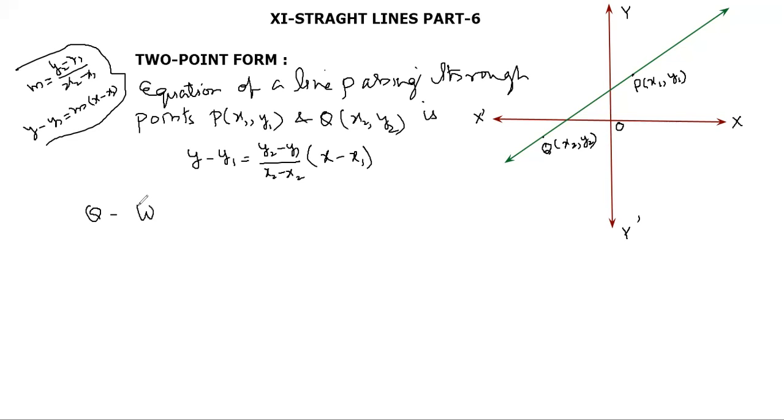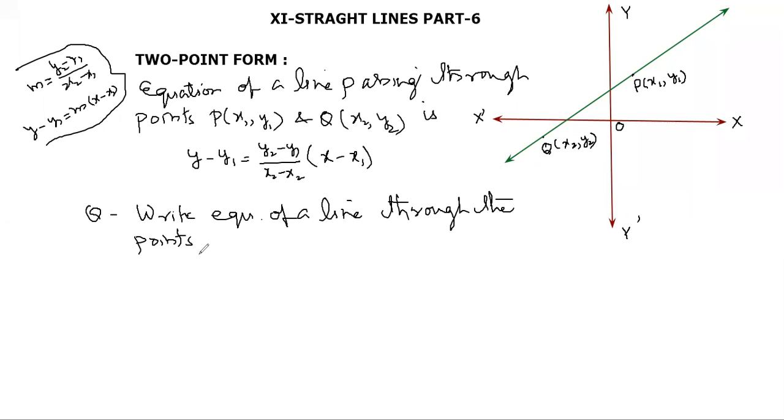Example 8, write the equation of a line through the points 1, minus 1 and 3, 5.